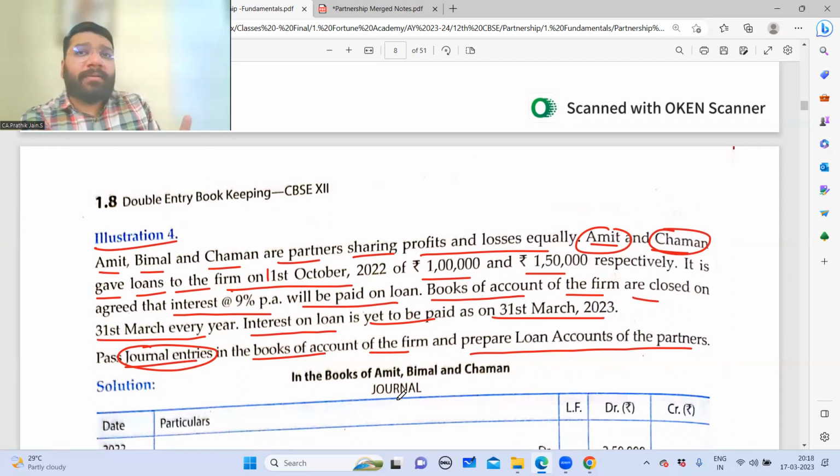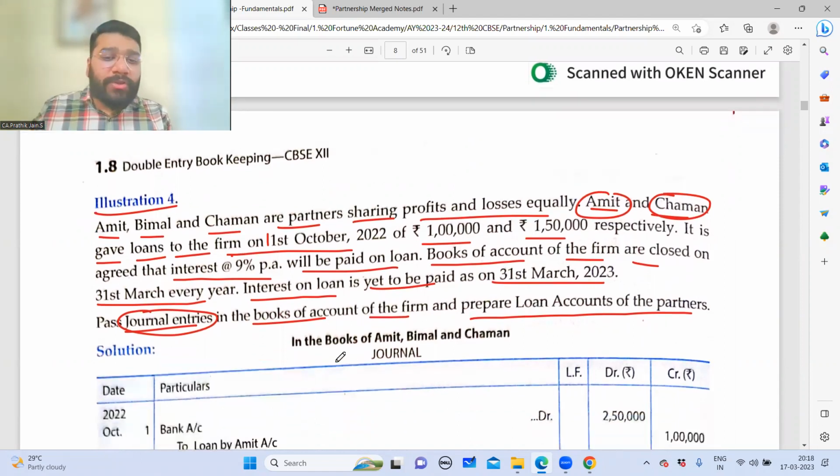If you do that, the same habit continues, and you will find a lot of difficulties in the main exam, because your brain is habituated to rough calculation and rough working. What you're used to, your brain is able to function only that way. So right from now, whenever you're practicing, practice with proper format and heading wherever required. For example, in the books of Amit, Bimal and Chaman, this heading should be there.